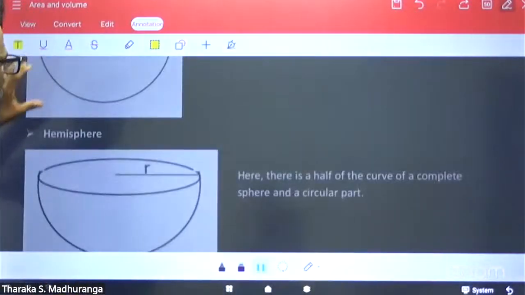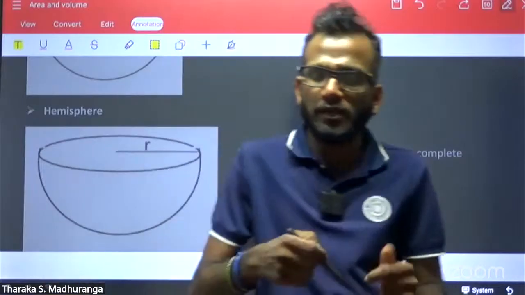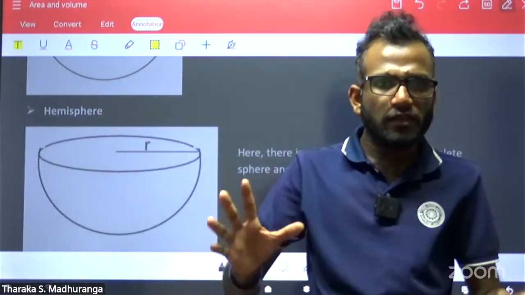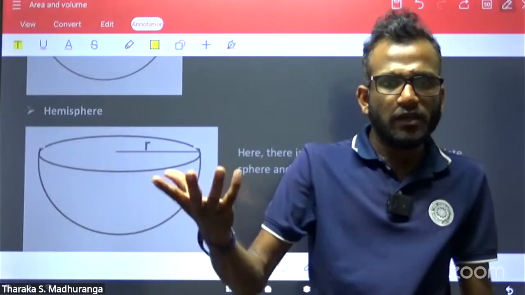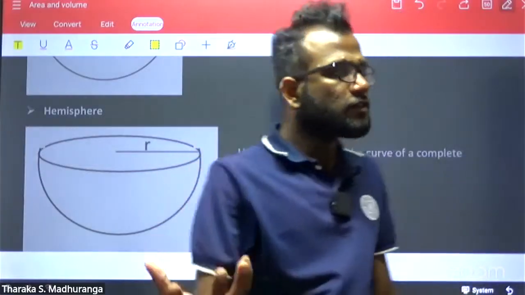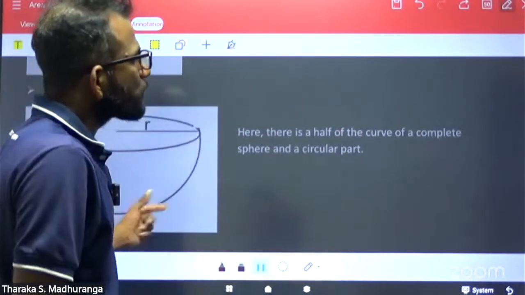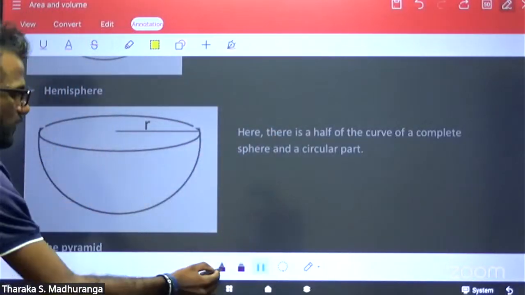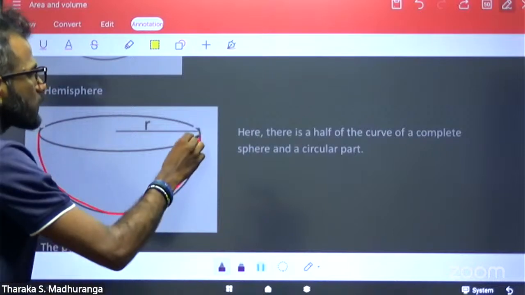Okay. Final one, hemisphere. Hemisphere means if I cut a sphere into two parts, the resultant part. Okay. What is the surface area equation? Here there is a half of the curved surface of the complete sphere, and there is a circular surface.